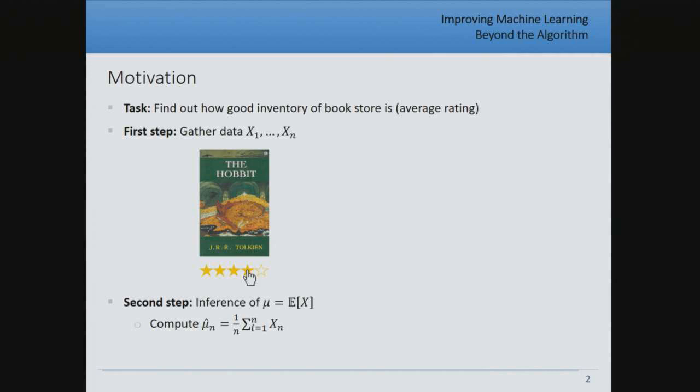Let's say we have this fictitious bookstore, and we want to find out how good the inventory of our bookstore is. That means we want to find out what is the average rating that people would give to books in our inventory. So, the good people we are, we go out and we collect data. The way we do it is we show users a book along with a star rater interface and say, rate this book on a scale from 1 to 5, how much you would like to read it.